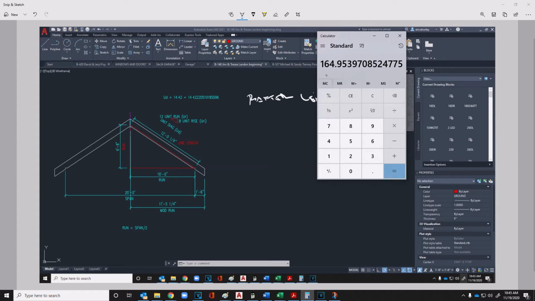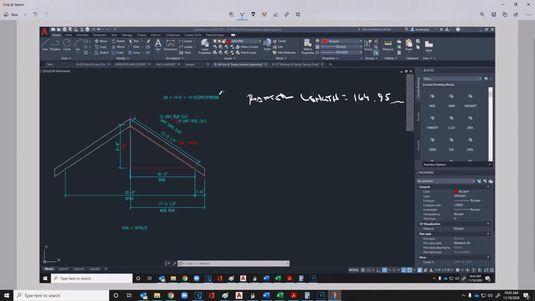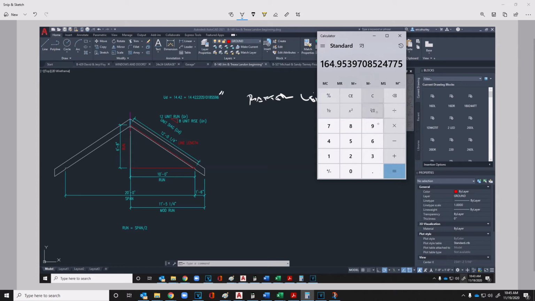Now I've got this number, and I need to convert it over to feet and inches. Because this was in inches, so that when we multiplied it by this, we ended up with inches, I've got to convert that over to feet. So I'm going to divide that by 12.